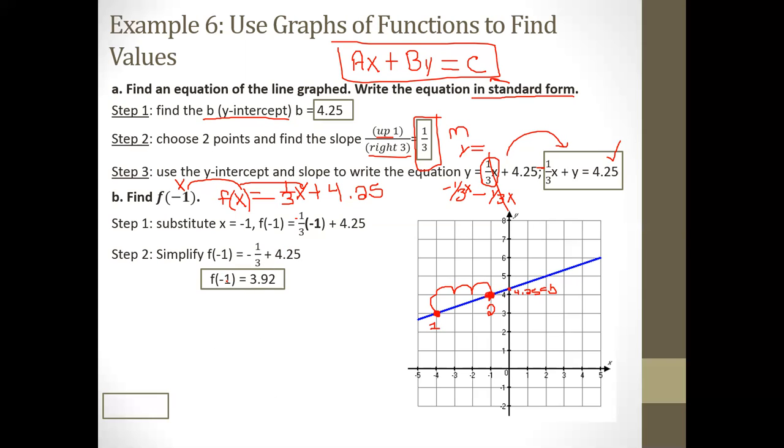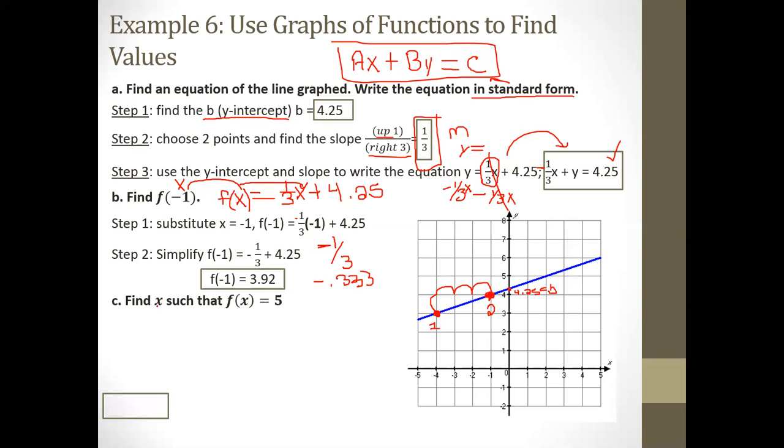So f of negative 1, when we simplify and add these two terms together, and by the way, this fraction, you can convert it to a decimal by simply dividing 1 by 3. Do 1 divided by 3 in your calculators, you'll get 0.3 repeating. It was a negative number, so you'll get negative 0.3 repeating. And then add 4.25, you should get 3.92. And that's the value of the function when x is negative 1.